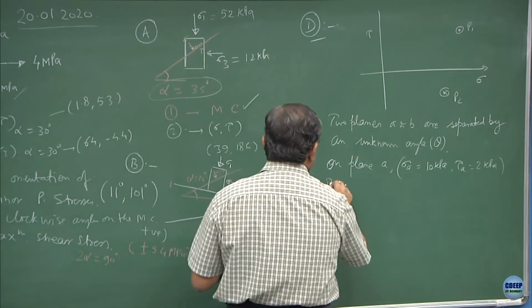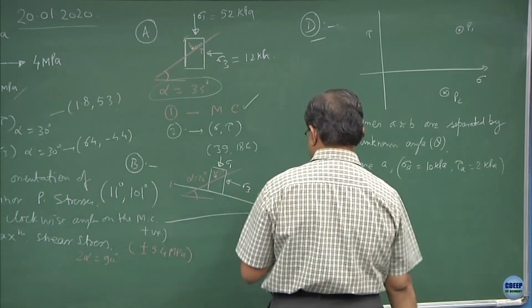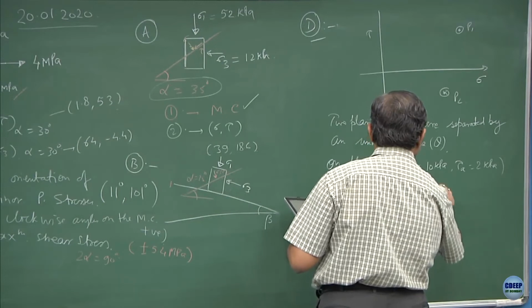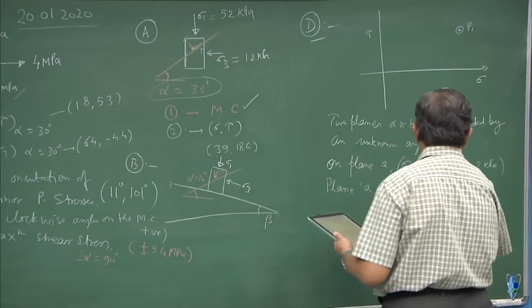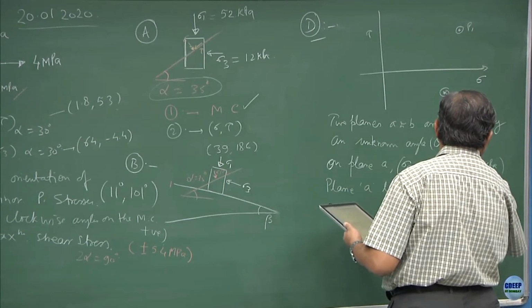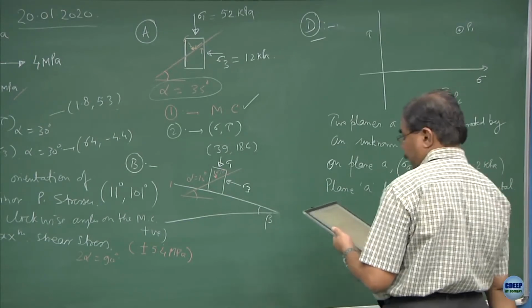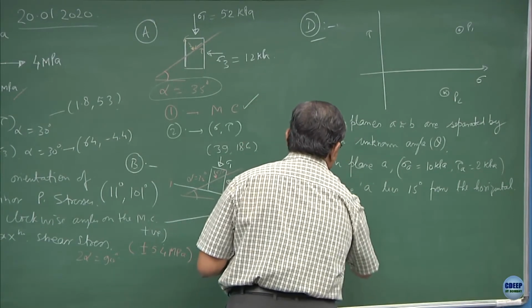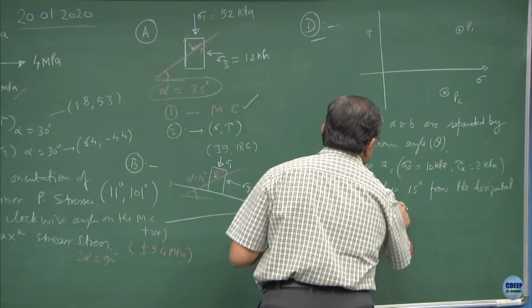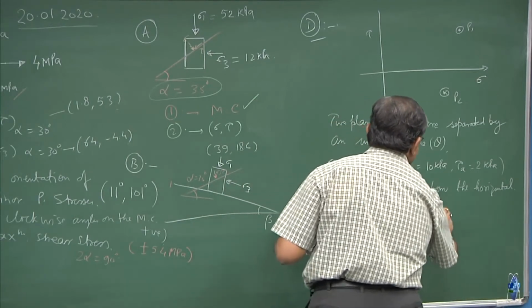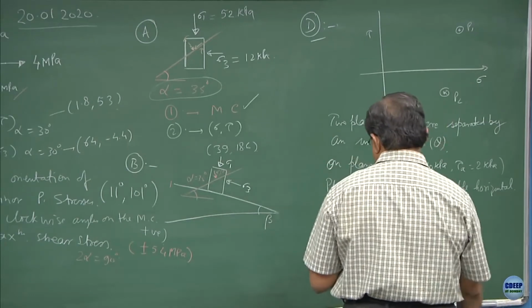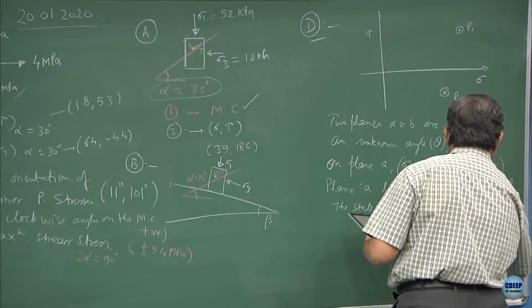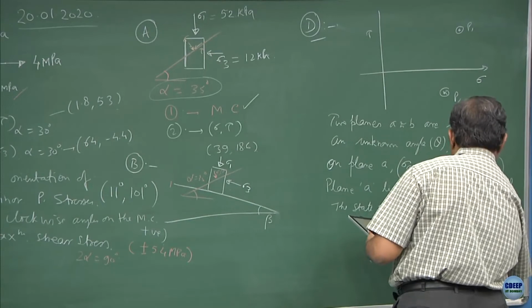Plane A lies 15 degree from the horizontal. The state of stress at point B, sigma B is equal to 9 kPa and tau B equal to minus 3 kPa.